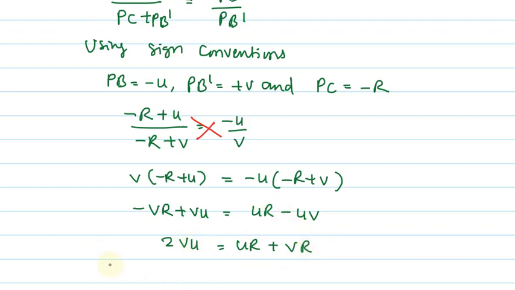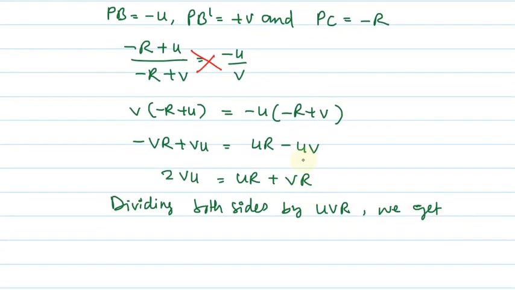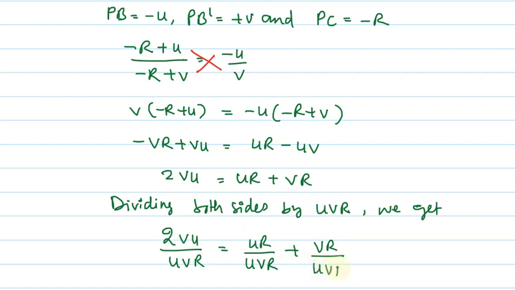Dividing both sides by UVR, we get 2VU by UVR is equal to UR by UVR plus VR by UVR.